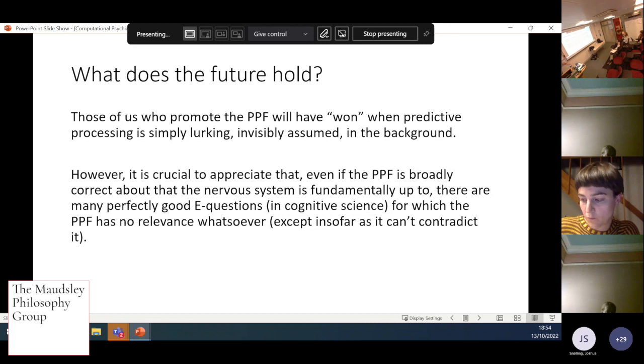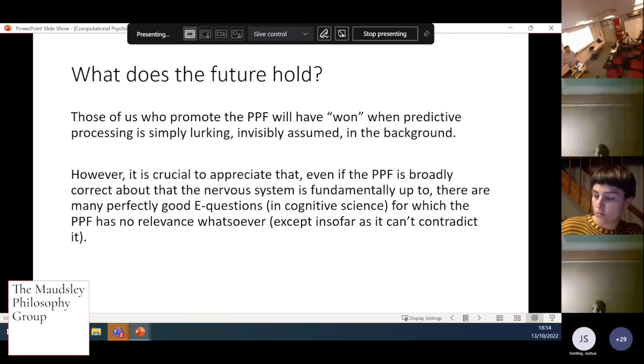So what does the future hold? I think at the moment there's an awful lot of talking about predictive processing. Whereas on the picture that I'm painting, those of us who promote predictive processing will have won when predictive processing is simply lurking invisibly in the background, and nobody's talking about it, everyone's assuming it. That would be the victory for it.